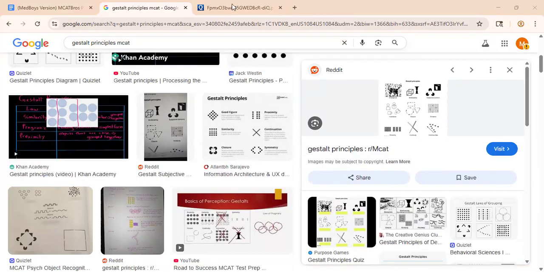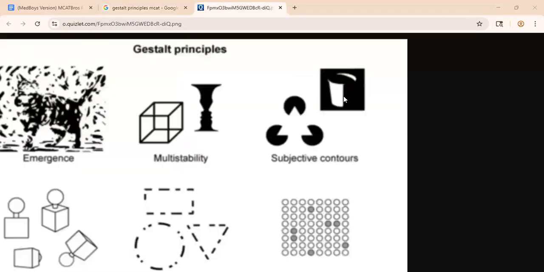Okay, guys, so as you can see, right, you have contouring. This is contouring.